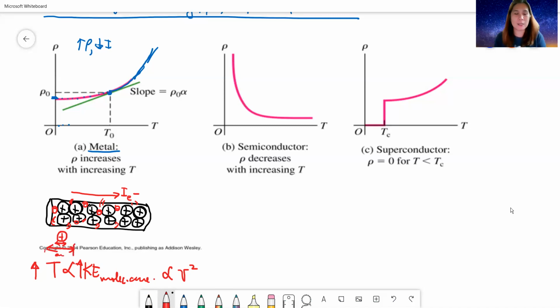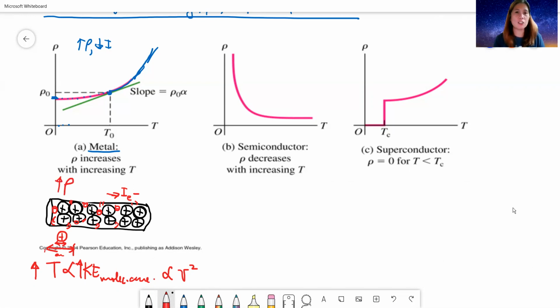Because of thermal expansion also, right? So if the positive ions here move more vigorously, do you think the electrons will not have a harder time passing through? Imagine all of these positive ions moving vigorously. The electrons now cannot establish much drift velocity. So in other words, the current will have to go down simply because the resistivity of the material has gone up.